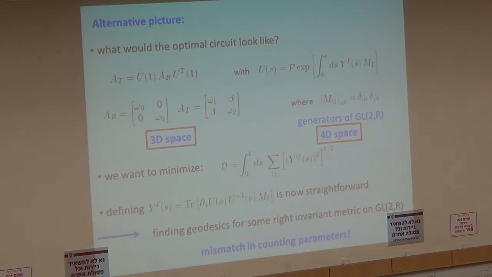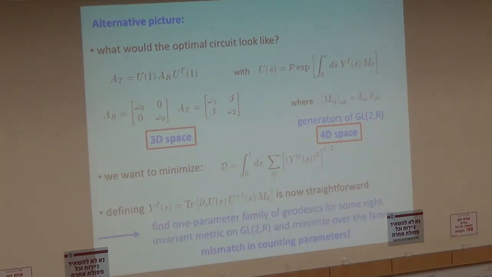Another comment is that there's a mismatch in the parameters. GL2 is a 4-dimensional space. There are 4 generators. But the space that we're working on is these symmetric quadratic forms, and that's only a 3-dimensional space. And so there's a mismatch there. But that's okay. That's just telling us that there's not one solution to this problem.